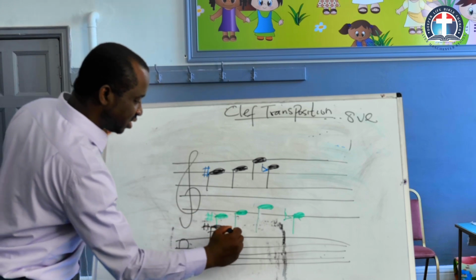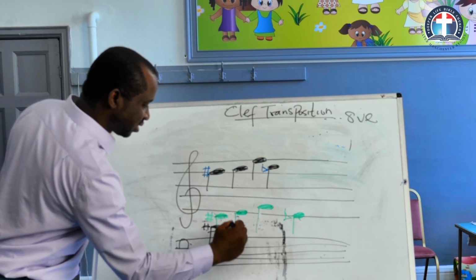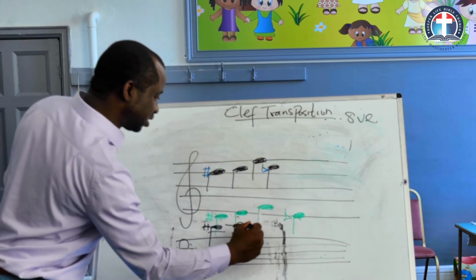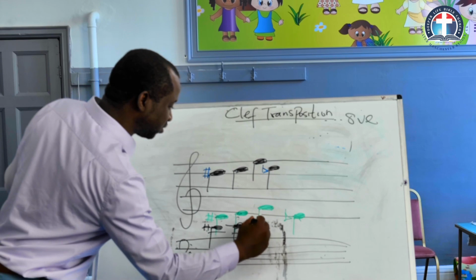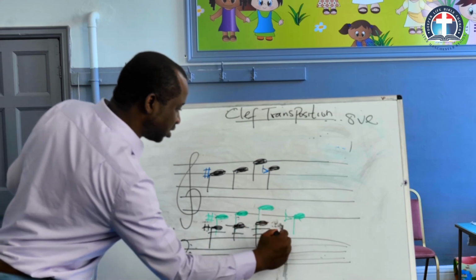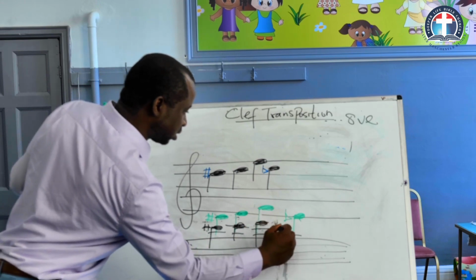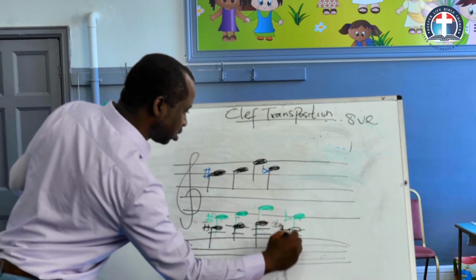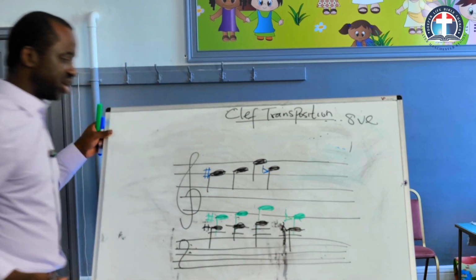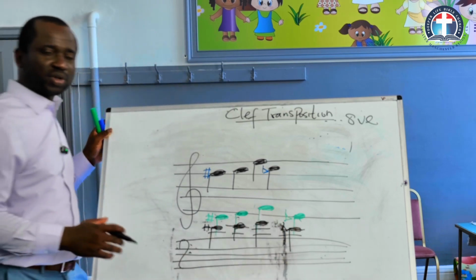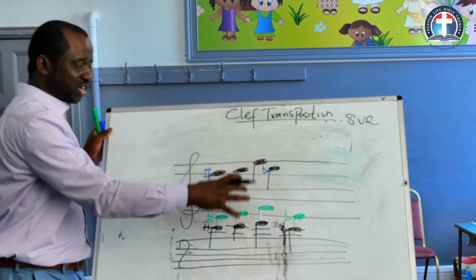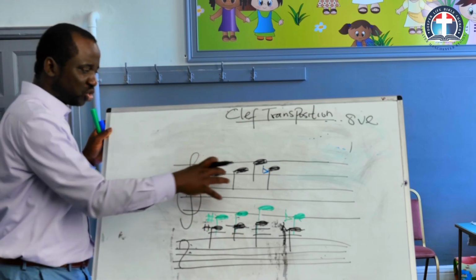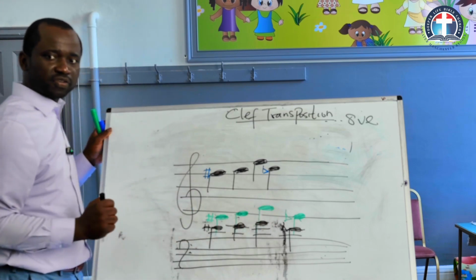This one is the next E, and this one is 2 ledger lines above. Remember to put your... so do you see now? Do you understand the point now? If you play this note on the bass clef, it is the same sound pitch you are going to get for all these notes on the treble clef.